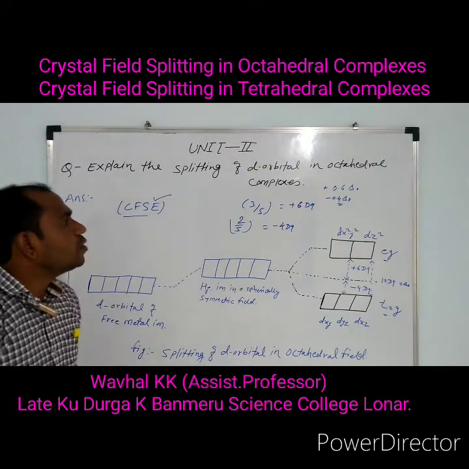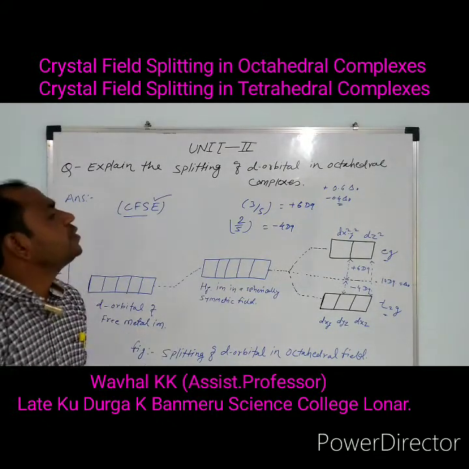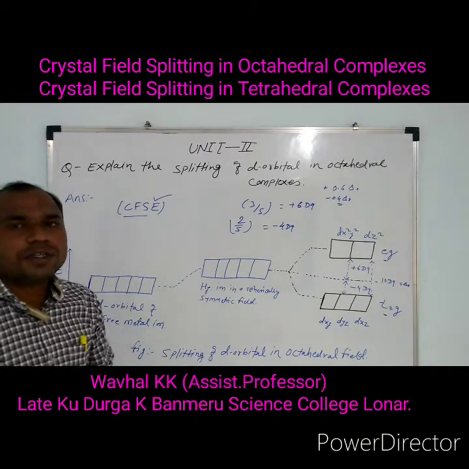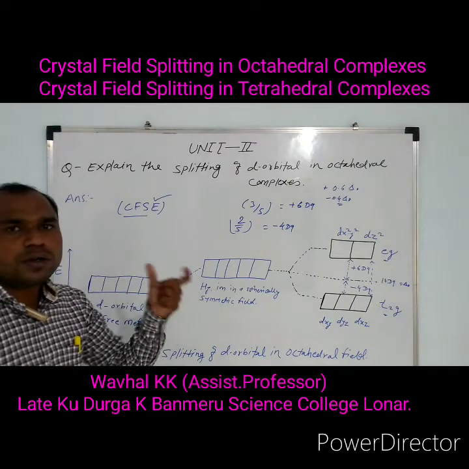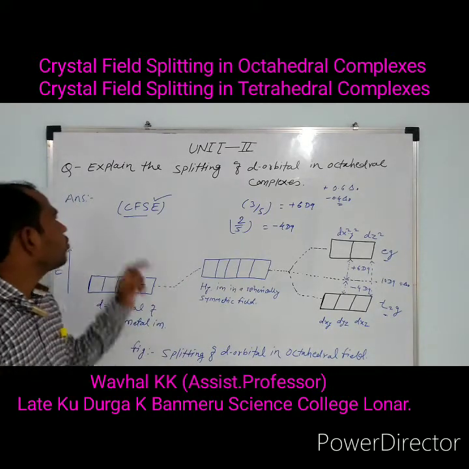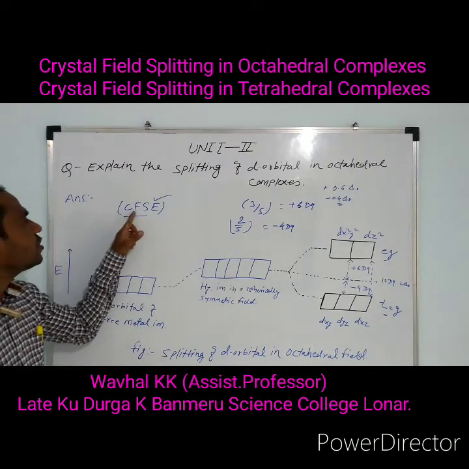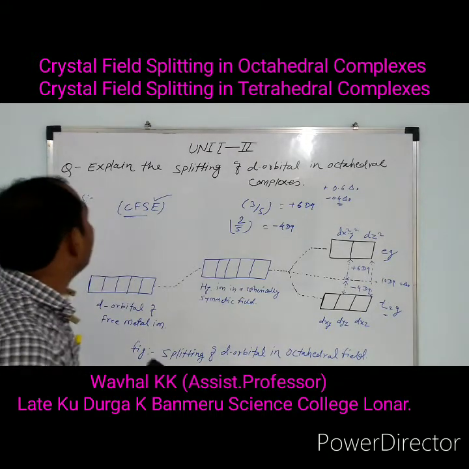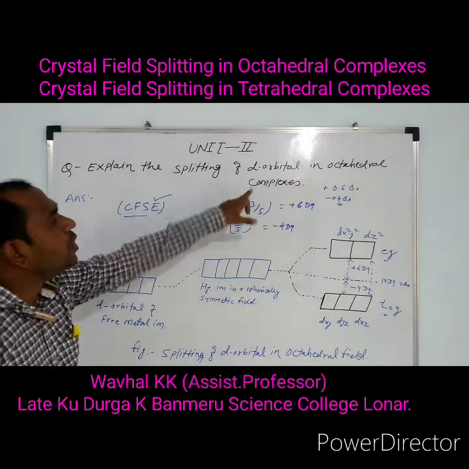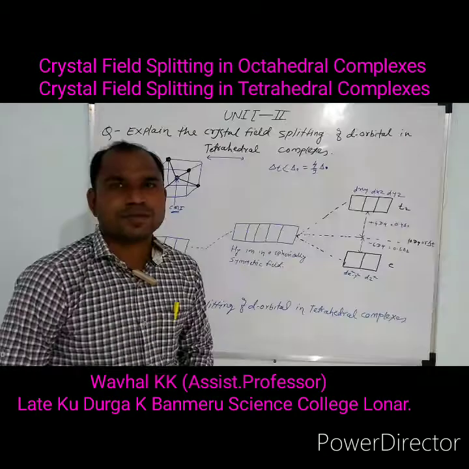The additional amount of energy required to stabilize the complexes due to the crystal field splitting is called the crystal field stabilization energy. This is the complete explanation of the splitting of d orbitals in octahedral complexes.